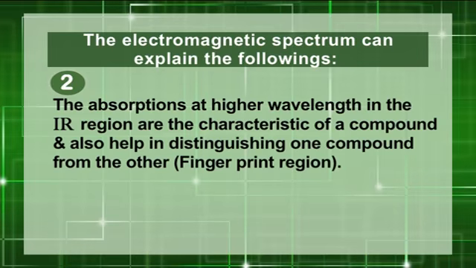The absorption at higher wavelengths in the IR region is characteristic of a compound and also helps in distinguishing one compound from the other. Although more helpful than the ultraviolet method, it does not give complete information about the environmental effects in a molecule.